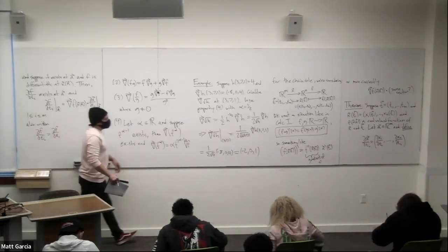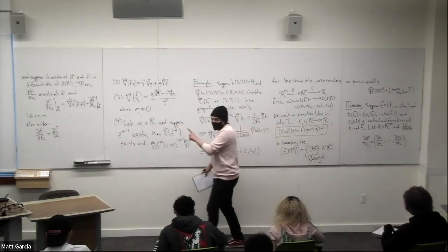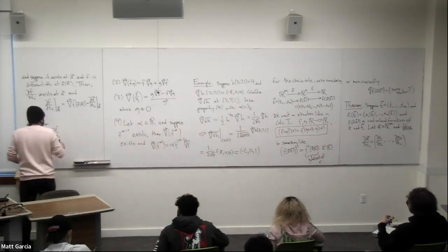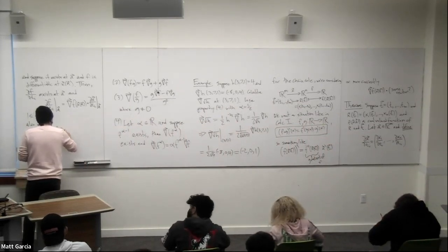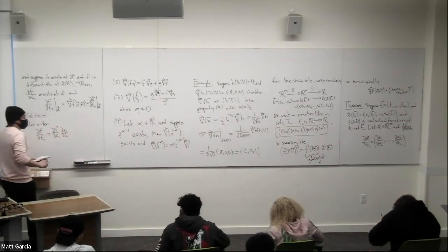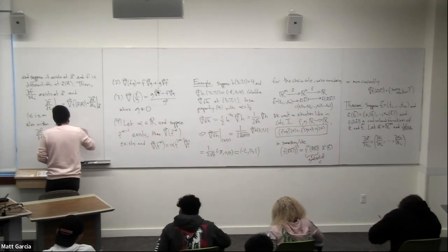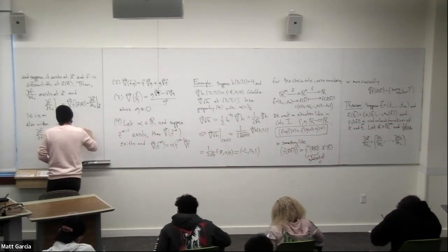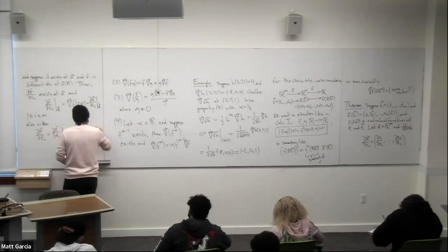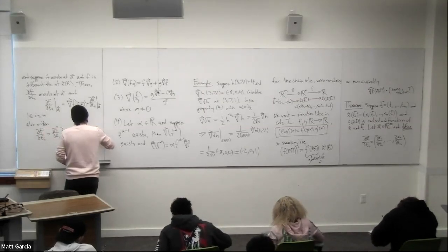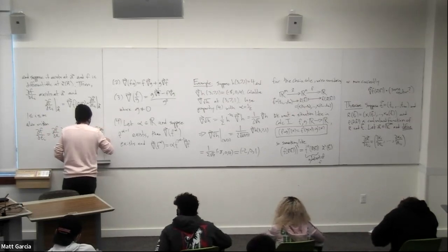Remember, because f is a function of x, I can differentiate with respect to each of the x terms, times the partial derivative of x1 with respect to ti, plus partial f partial x2 times partial x2 partial ti, all the way up to partial f partial xn times partial xn partial ti.